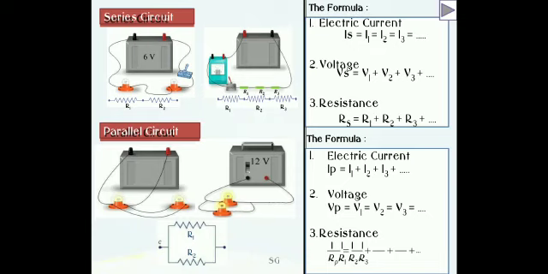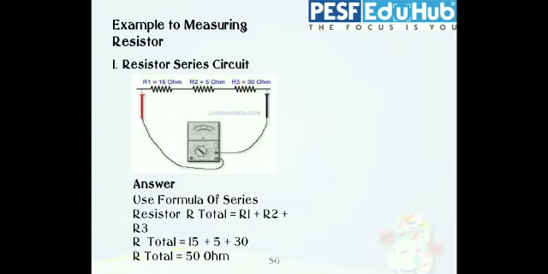Okay, so some examples. There are three resistances, with values 15 ohm, 5 ohm and 30 ohm, connected in series, right? So use the formula. What is the effective resistance? If connected in series, you can add all these resistances. So 15 plus 5 plus 30 is equal to 50 ohm. Okay.